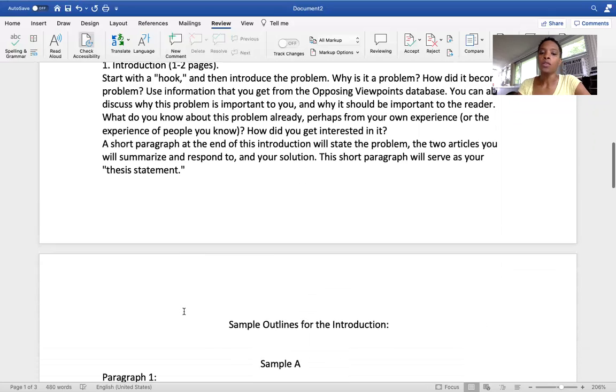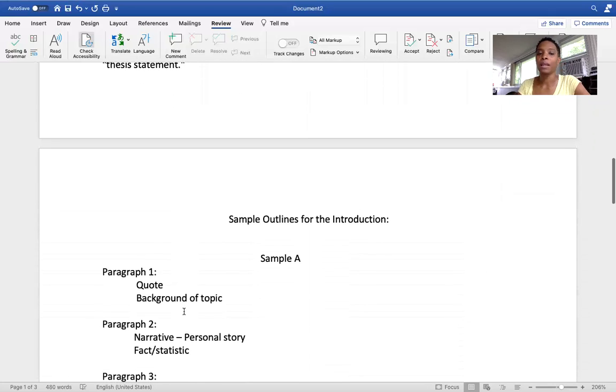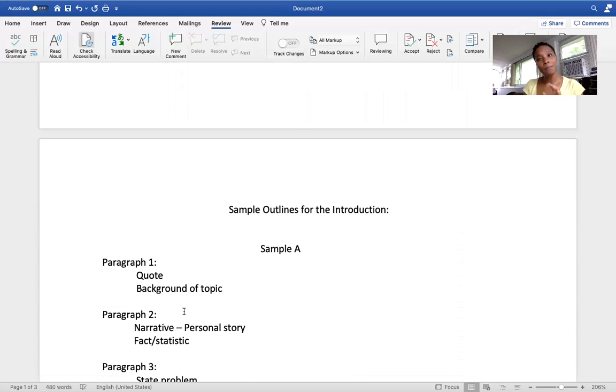So here are some sample outlines, right? And again, I'm just mixing and matching from those introduction strategies. So my first sample outline, I'm going to begin with a quote, and then I'm going to have some kind of background of the topic, whatever my topic is. My next paragraph, I'm going to have a narrative, and this is kind of why I care about the topic, my personal story, why this matters to me.